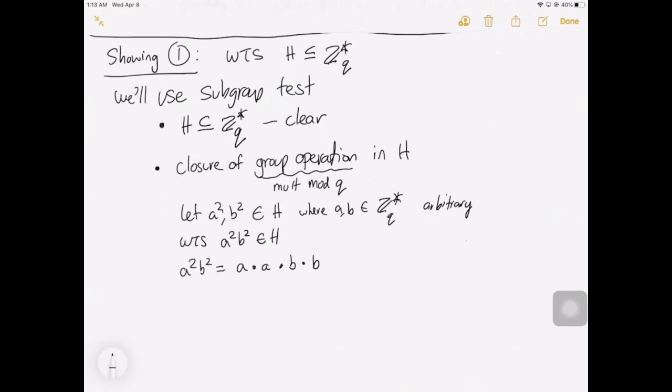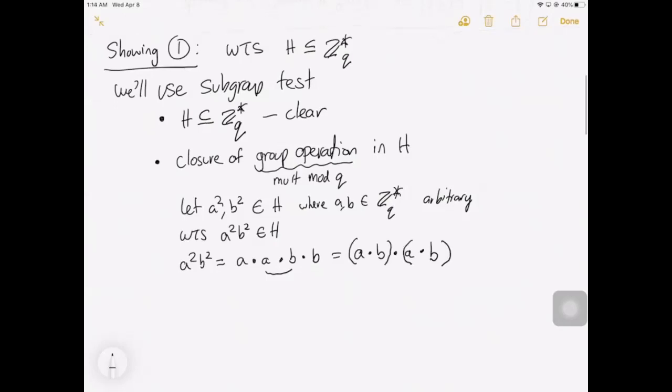Now, multiplication mod q is commutative, so I can flip these two things and say that this is a times b times a times b. Now recall, by definition, the underlying operation in a group should also be associative, which means that I can put parentheses like so.